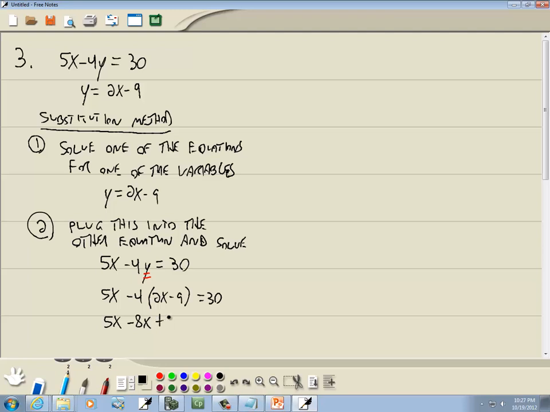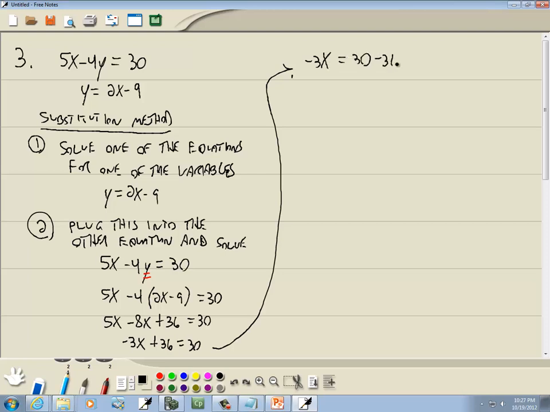Negative 4 times negative 9 is 36. 5x minus 8x gives us negative 3x, plus 36 equals 30. Take the 36 over to the right side. So we got 30 minus 36, which is negative 6, and then divide both sides by negative 3.